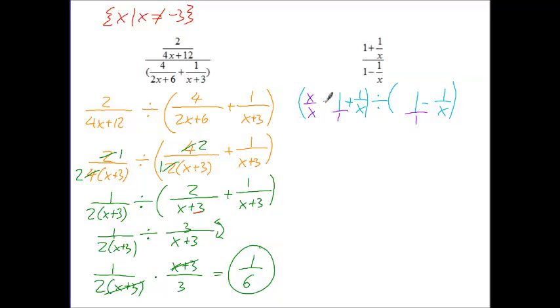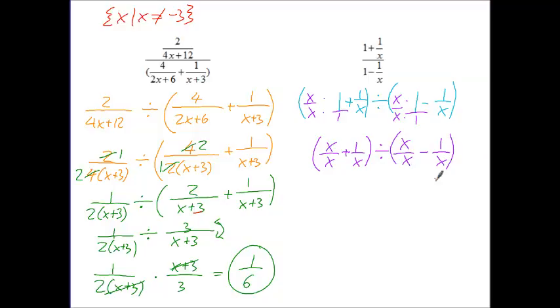So the first fraction needs to be multiplied by x over x, and also the second fraction, which leaves us with x over x plus 1 over x divided by x over x minus 1 over x.